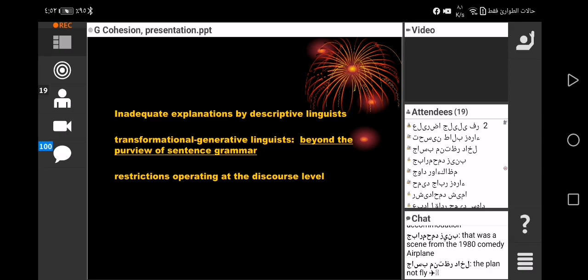We need more than descriptions. We sometimes need explanations to find out what a referring expression refers to. We need to attend to the discourse, not only to the text, but also to the greater context.